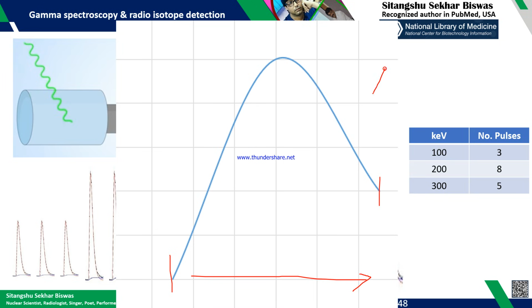Say this curve is applicable for isotope X. If it matches, then you can tell that the isotope is isotope X. Basically, this is done in a multi-channel analyzer.